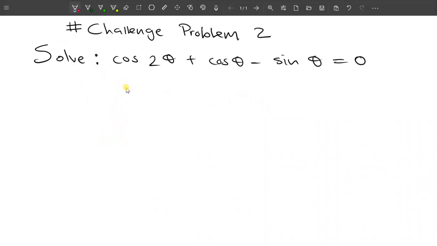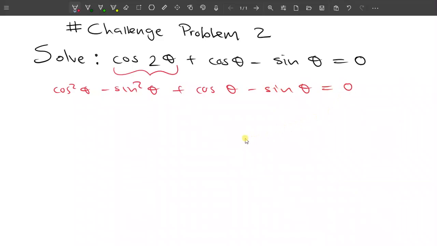To solve this problem, first we have to recognize that cos 2θ can be expressed as cos²θ − sin²θ, so we have cos²θ − sin²θ + cos θ − sin θ = 0.